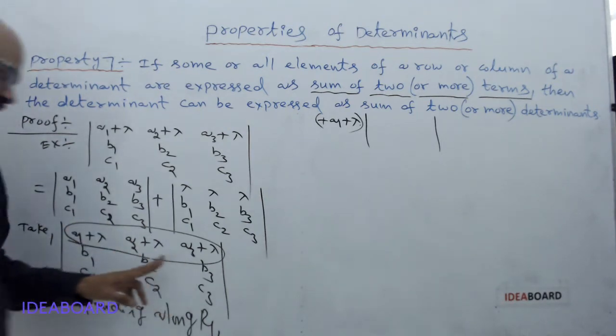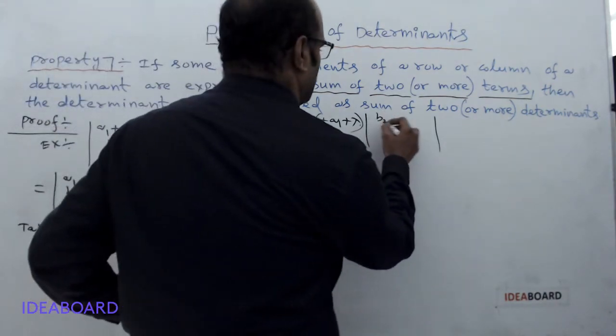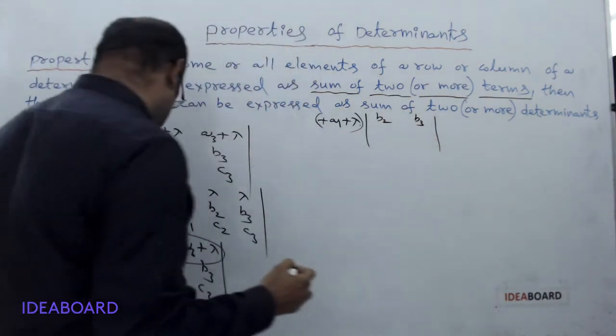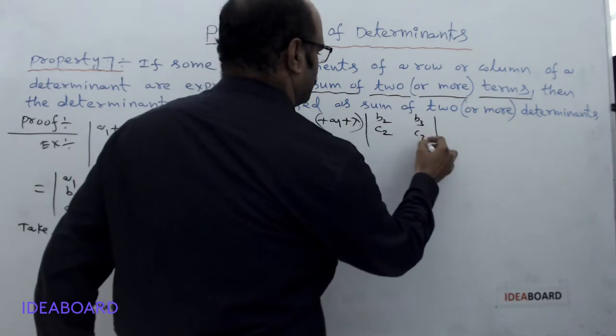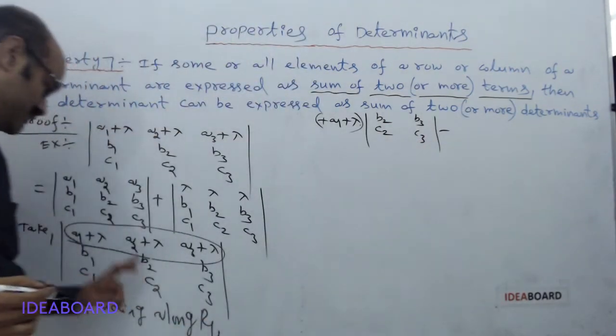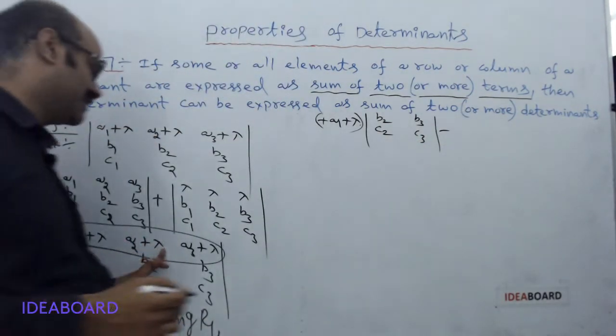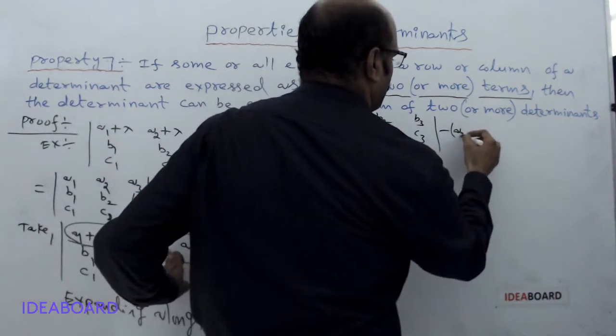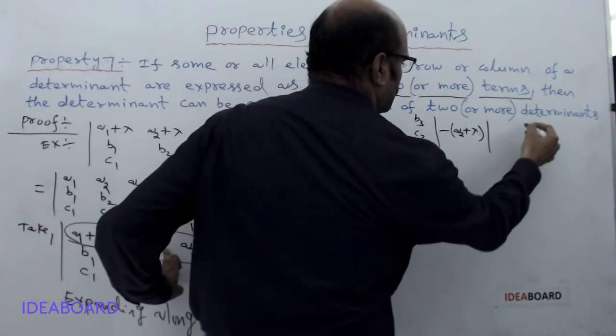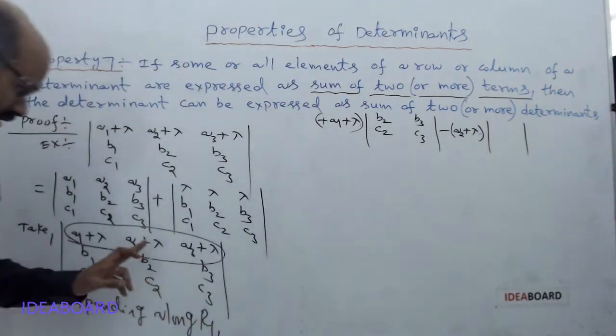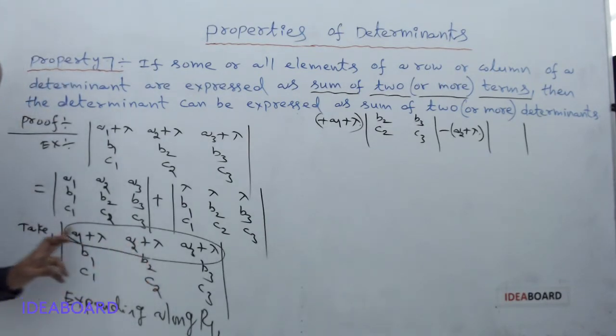So the remaining 4 elements b2, b3, c2, c3, minus a2 plus lambda into determinant of, here the element a2 plus lambda lies in first row and second column.